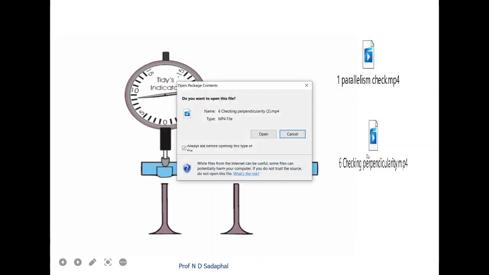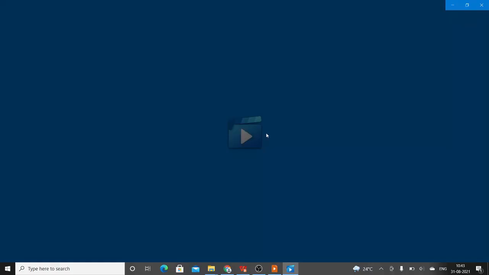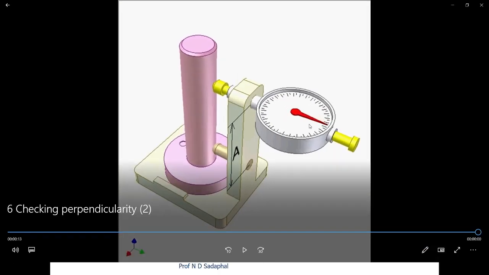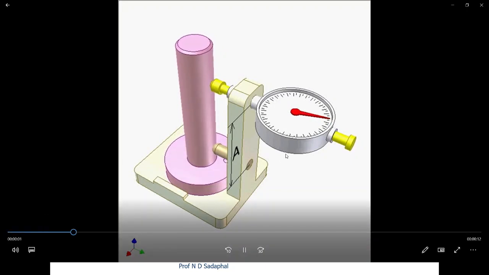Also, if I want to check perpendicularity or roundness, you can see here the dial indicator is placed horizontally, and the plunger is touching this round bar which is rotating. So simultaneously you can check the roundness or perpendicularity. As the needle is moving, it is not perfectly round.